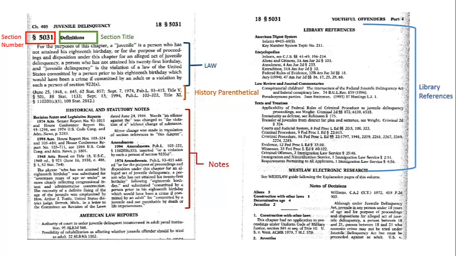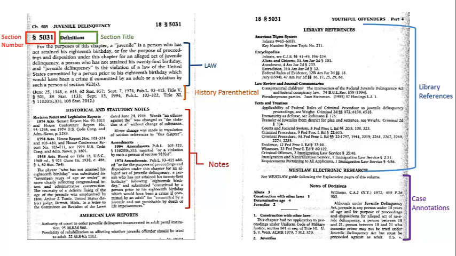Those are going to get you to American Law Reports, digest references, encyclopedias, law reviews, treatises that talk about this particular section of the United States Code. This is what we generally refer to as the annotations, the library references. And then finally, you have the case annotations.